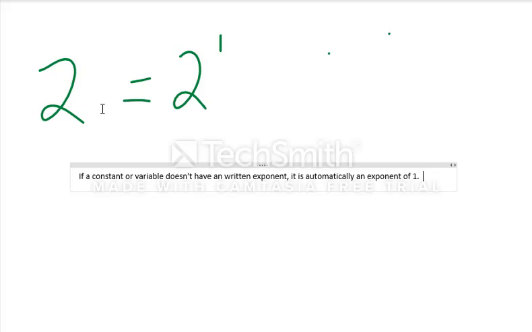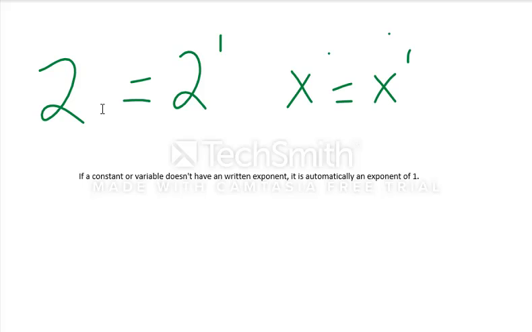Same idea that we've had before with the hidden 1 in front of the x. If there's no exponent, it's to the first power. That applies to a number as well as to a variable. So we have x, that's the same as x to the first power.